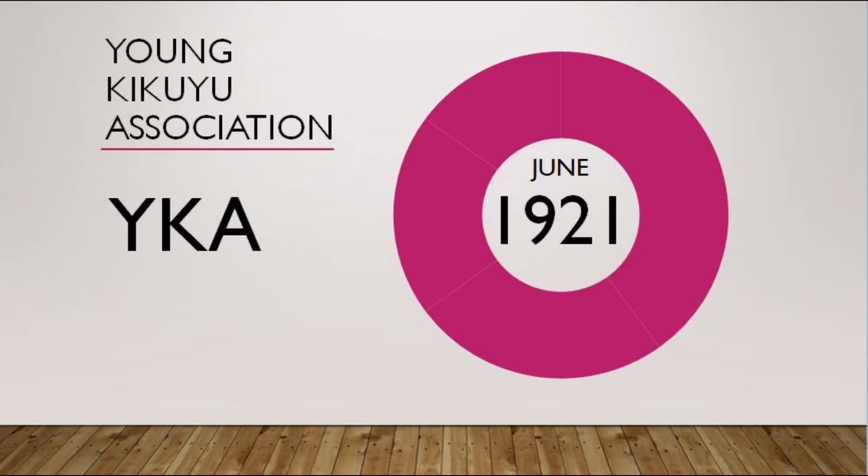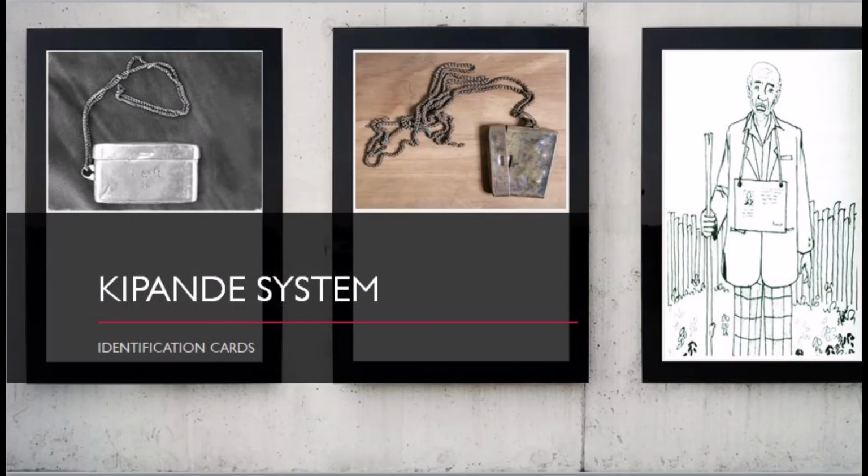Through the association, people demanded their rights and the return of their land. They also demanded political leadership. Members of the association also complained about the kipande. This was an identification card. Therefore, they complained about the kipande system.